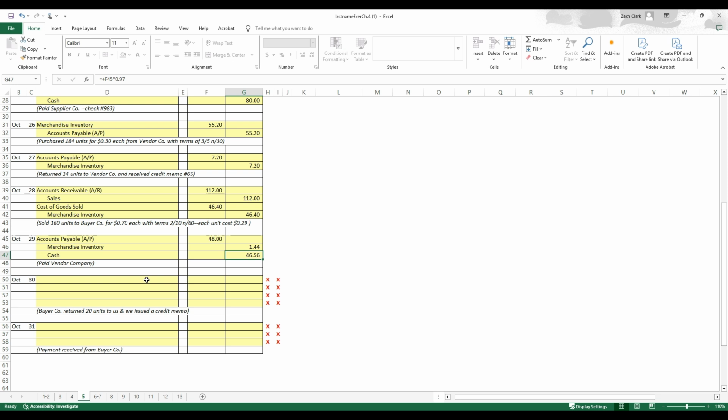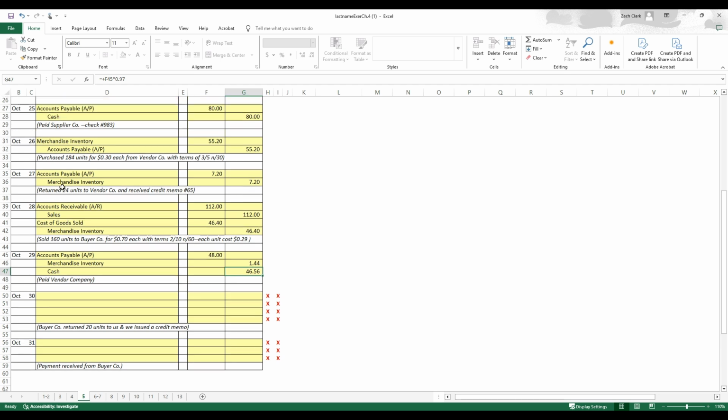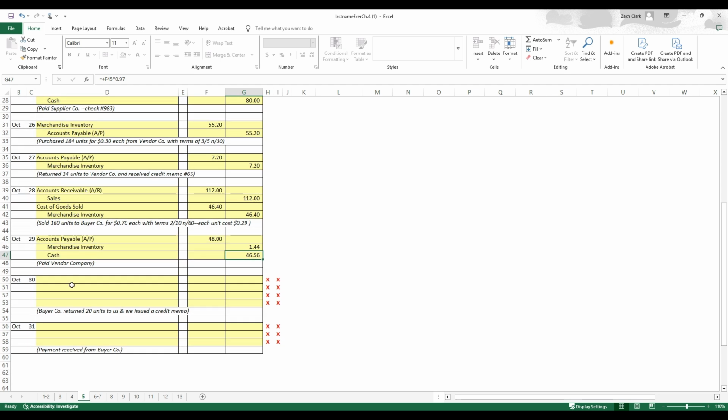Okay, and now Buyer Co. returned 20 units to us, and we issued a credit memo. So where was Buyer Co.? Oh, that's this one right here on the 28th. So again, remember we have the sales returns and allowances account, contra revenue, but then we can basically just reverse everything else.